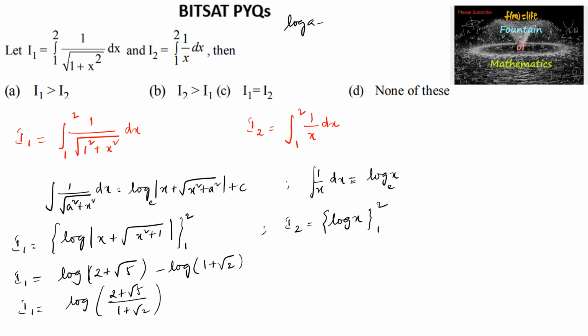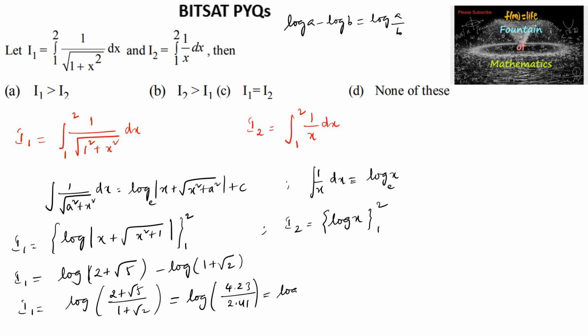Which is approximately log of (2 plus root 5, value can be taken as 4.23 approximately) divided by (1 plus root 2, that is 1.4 plus 1, that is 2.41).